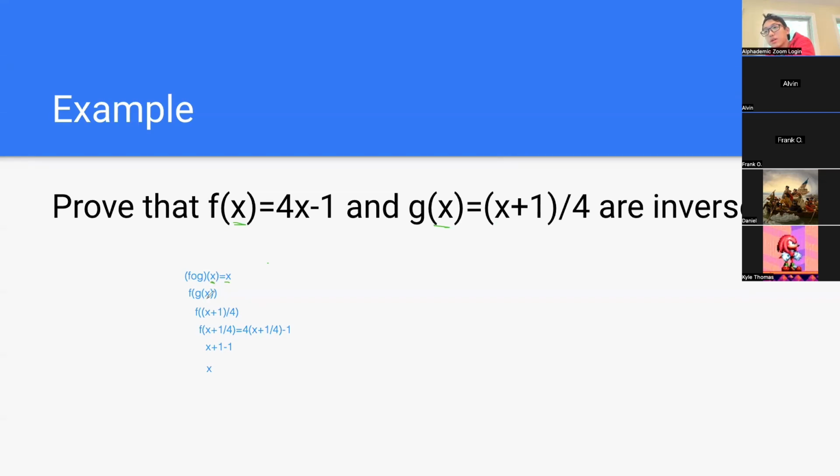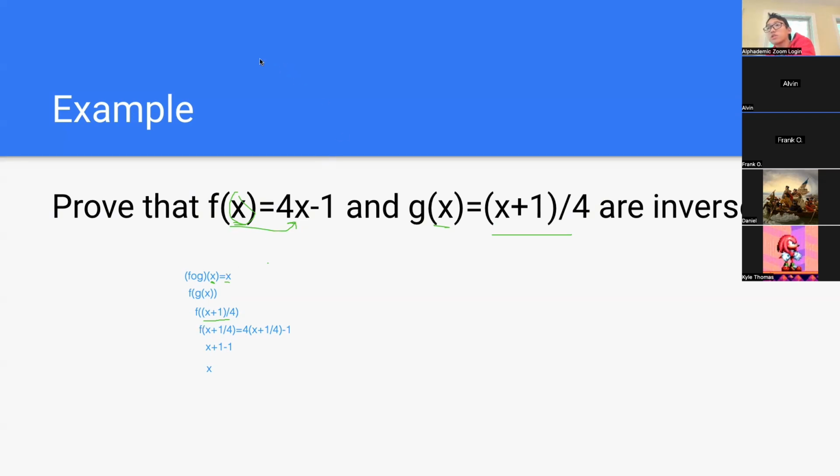It makes it a lot simpler. You don't have to change anything in the equation, because when you plug in x for x, it's just x. So g of x is equal to this. You plug it back in the function for g of x, and then you plug this whole equation into the x slot for f of x, and then you solve.